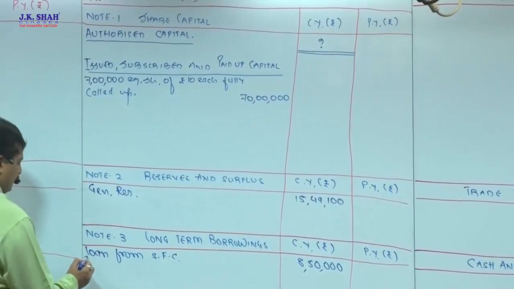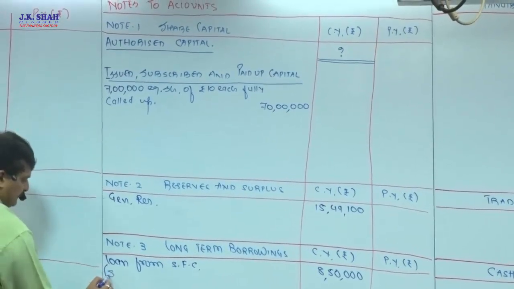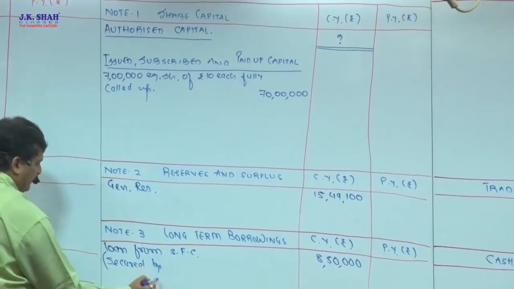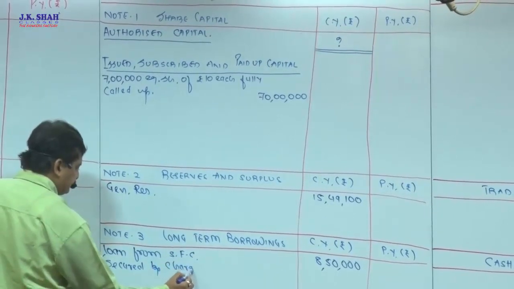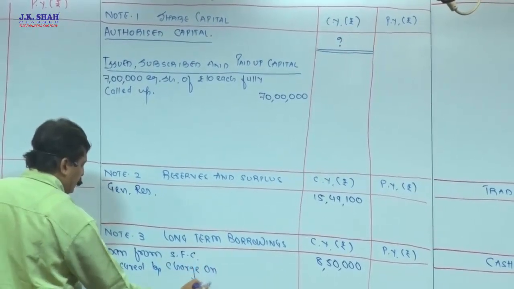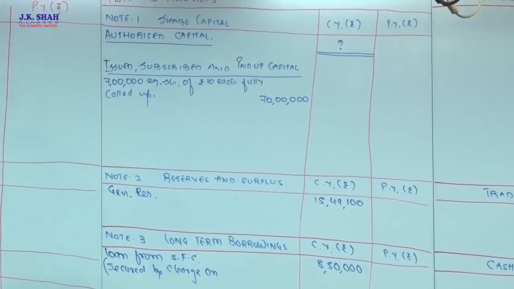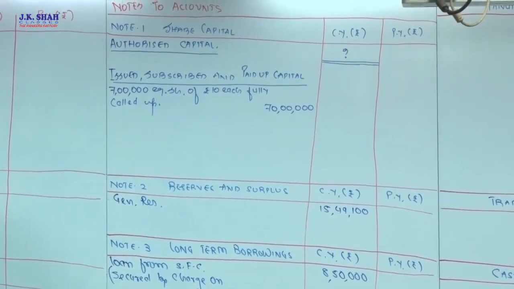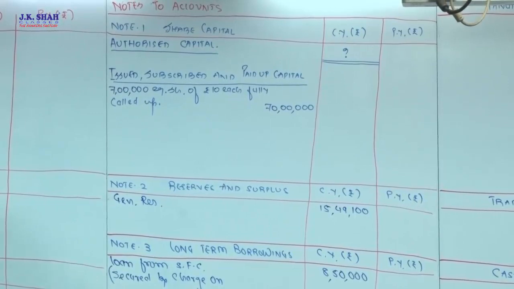Disclosure requirement here. Run on into bracket: secured by charge on. Secured by charge on means this loan, what asset we have mortgaged?